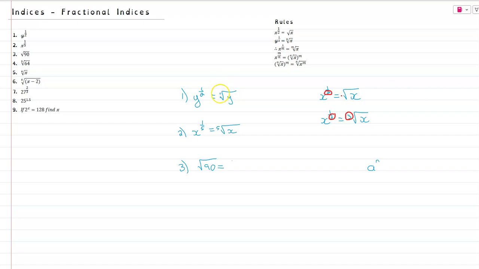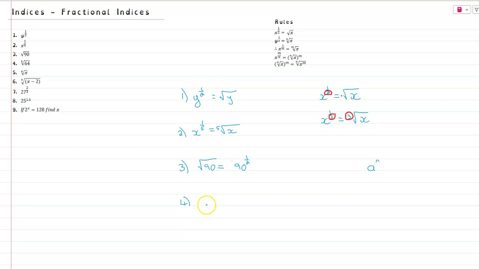As we have the root here, and this would be the inverse or the opposite of it, we can then say that the index notation of this would be 90 to the power of a half, isn't it?